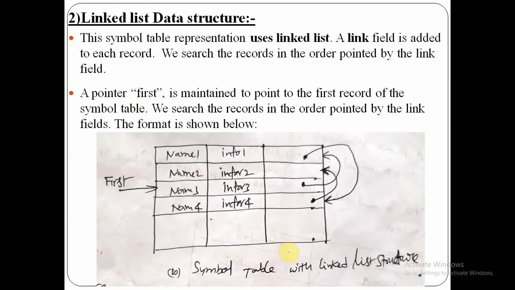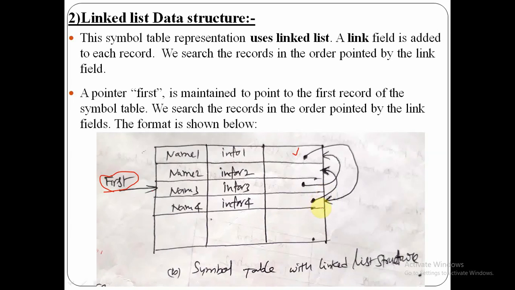The format is shown below. Here first represents the head of the linked list, the head node. This is the starting node, name 3 and information 3, and from this there is a link to name 1, and from name 1 there is a link to name 4.